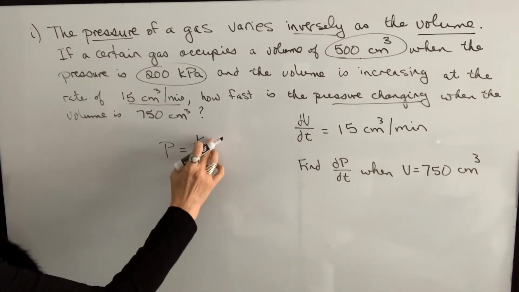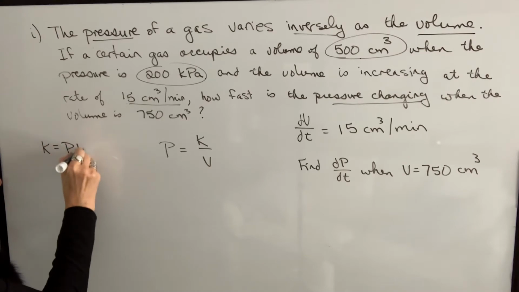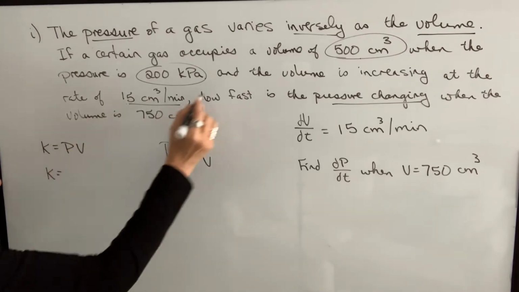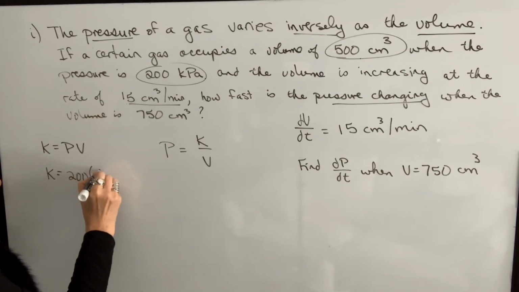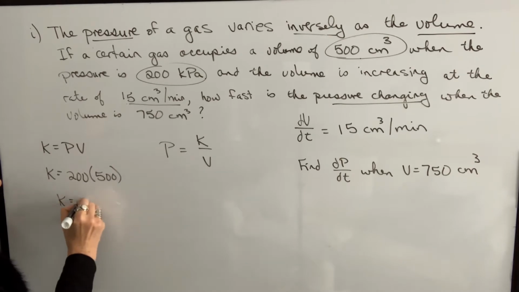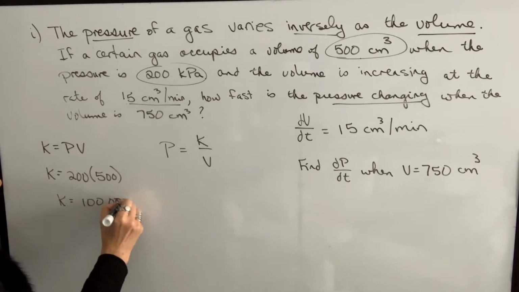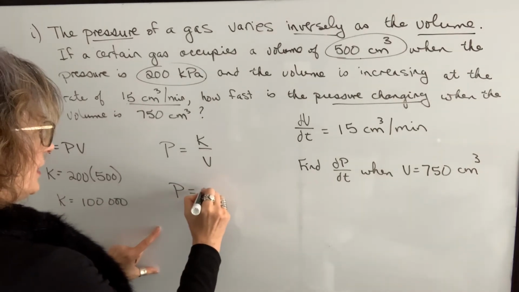If pressure is equal to constant divided by volume, then that constant will equal pressure times volume. So I know that the pressure is 200 when the volume is 500. So my constant in this example is going to be 100,000. So my function is P equals 100,000 over V.